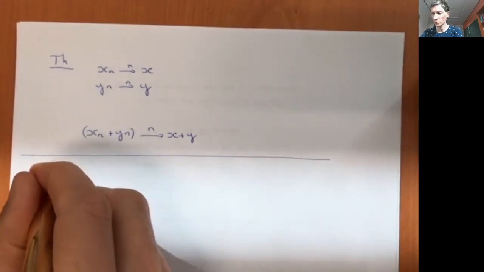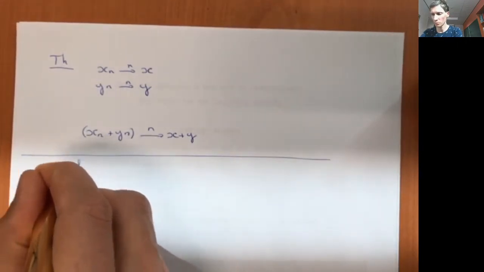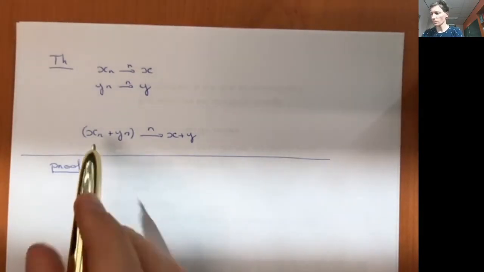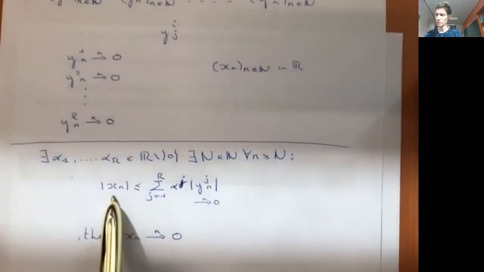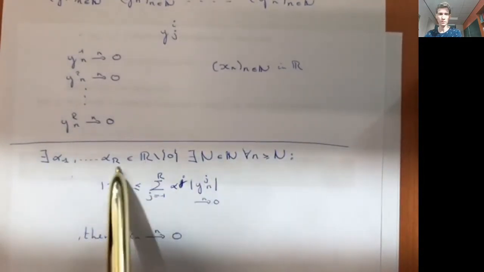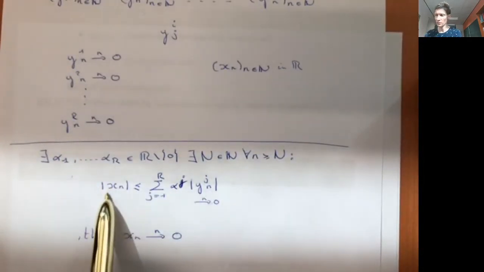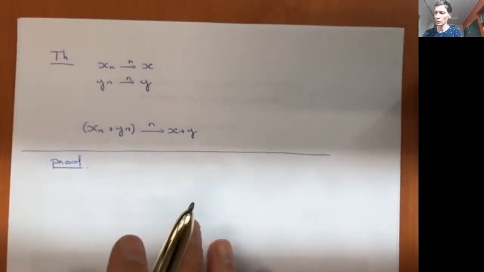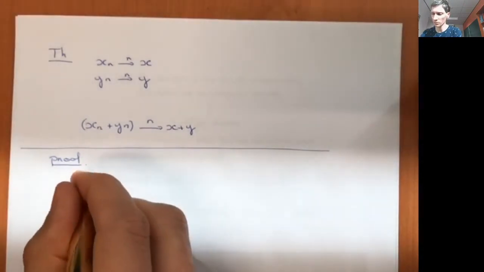Okay, so let's use the convergence lemma to prove this. Basically, in terms of the convergence lemma, we need to establish this kind of inequality. We have to write the sequence that we would like to converge to 0 as less or equal to a weighted sum of sequences that converge to 0. So what do we want to show converges to 0?